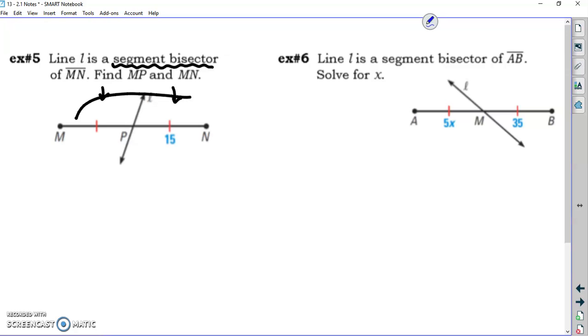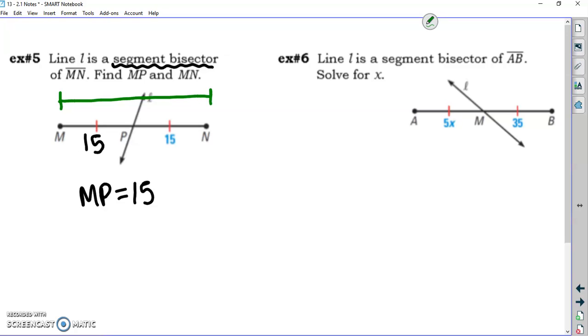So here, this half PN is 15, so the other half MP is also 15. And they also want us to find the length of the whole segment MN, which will be 15 plus 15, which is 30.